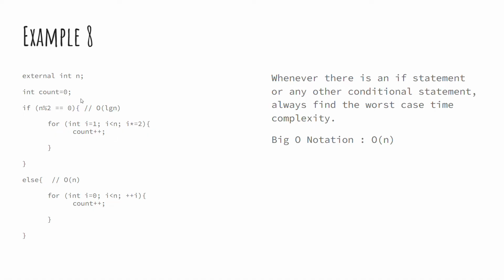The main thing we need to understand is that whenever there is an if statement, or any other conditional statement, we'll always try to find the worst case time complexity. In this case it's log n versus linear time, so the time complexity would be O of n, because this for loop is the worst case of our algorithm.